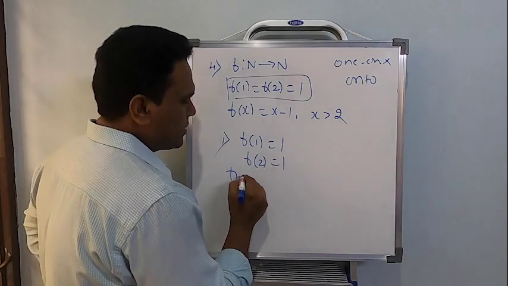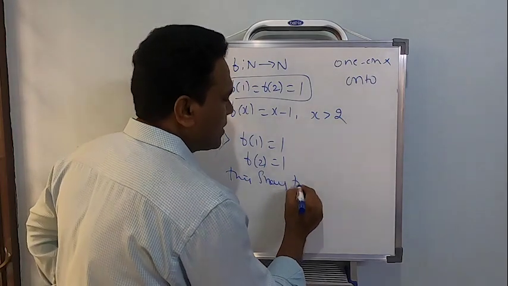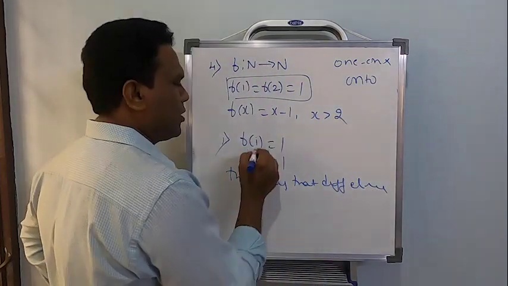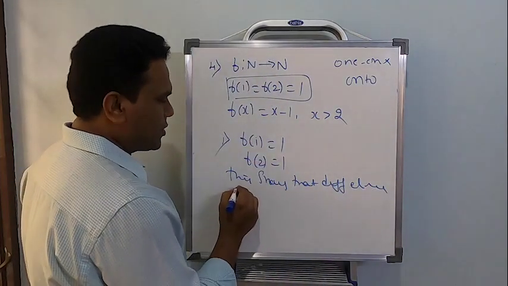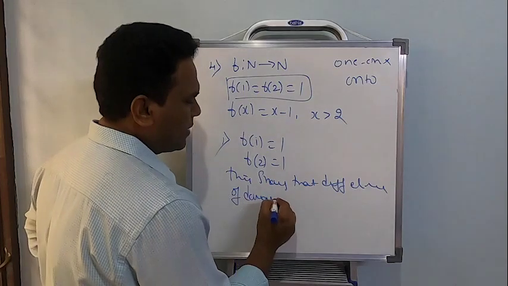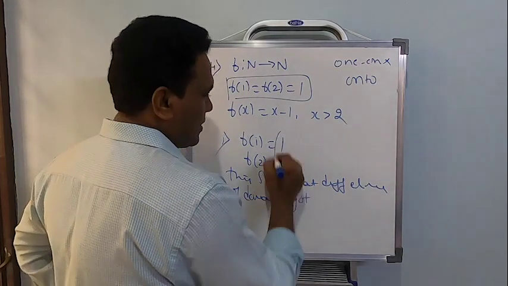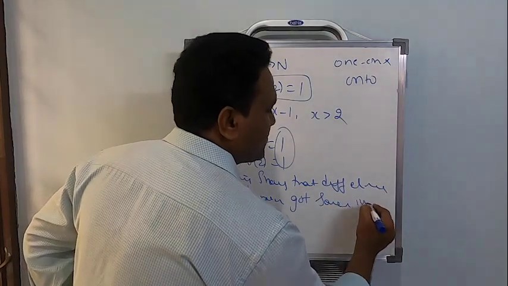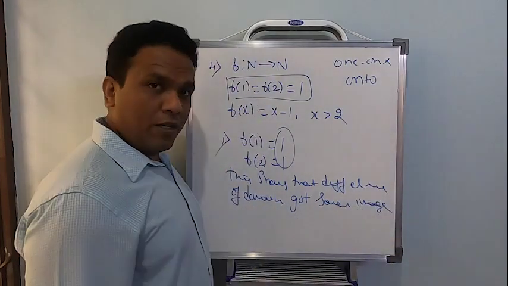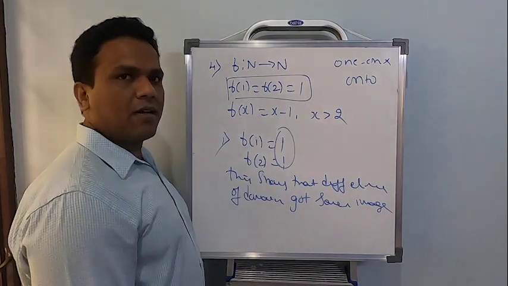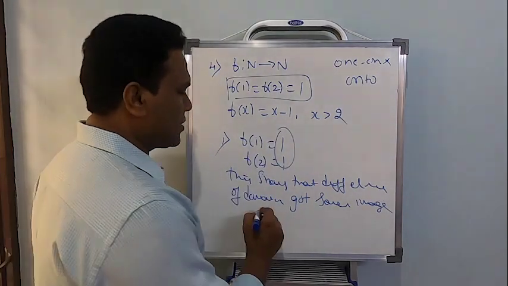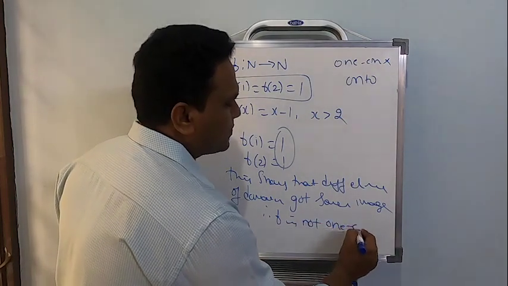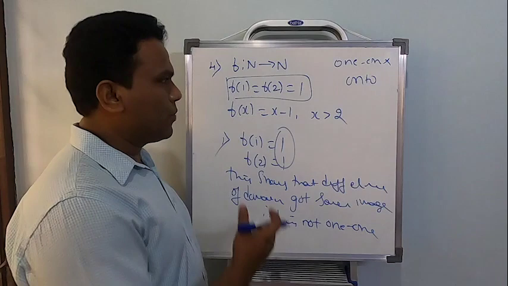This shows that different elements, remember 1 and 2 are different elements of the domain, got the same image. 1 and 2 are different elements but the images are the same. In such a case, the function f is not one-one. I hope it's clear now.